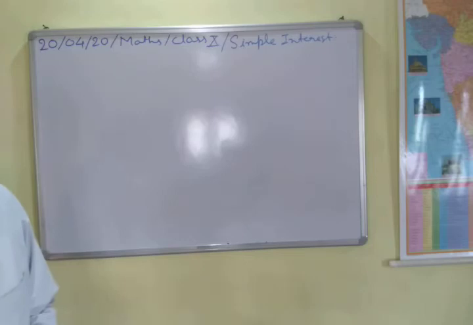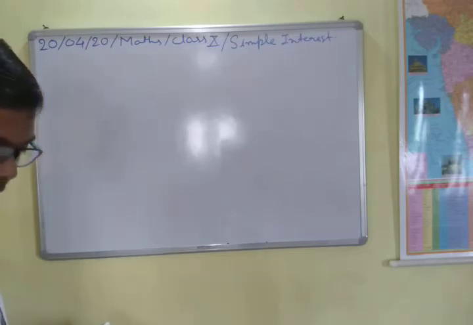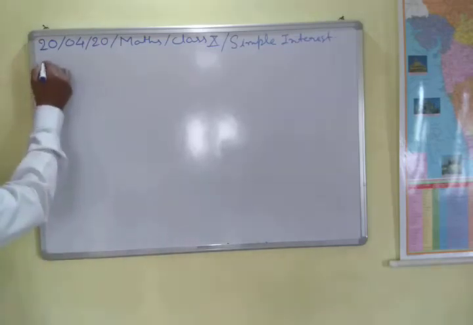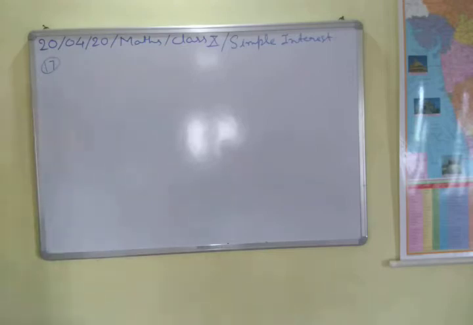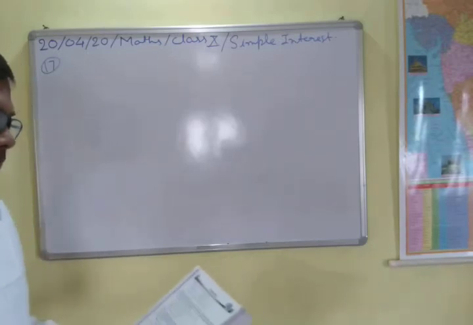In this question, Rekha deposited 10,000 rupees of her savings in 2 separate banks at the same time, and the rate of simple interest in one bank is 6% and in the other bank it is 7%.